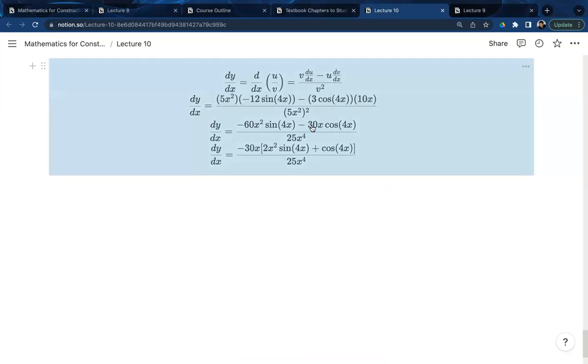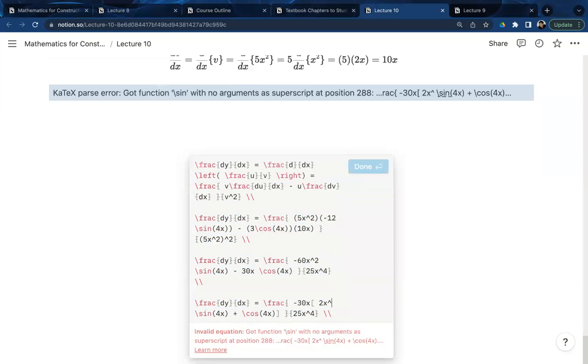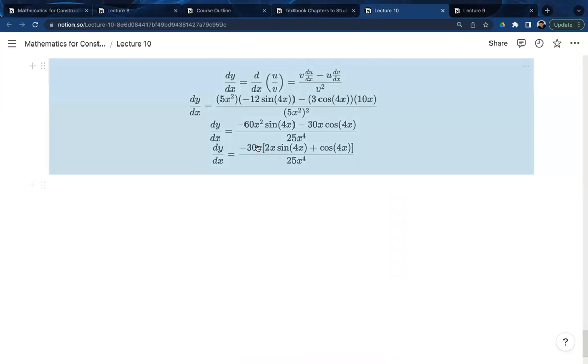If I take out negative 30x, here would be 1, but here would be 2x. Right? X by x is x squared, 30 by 2 is minus 60, minus 30x by 1 is minus 30x.